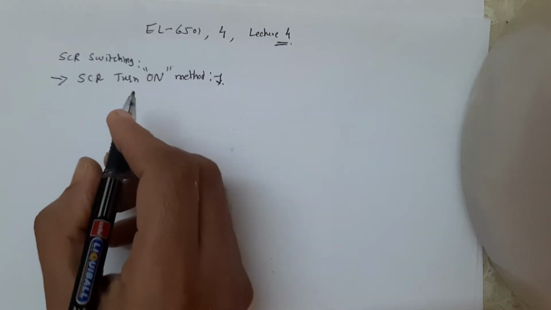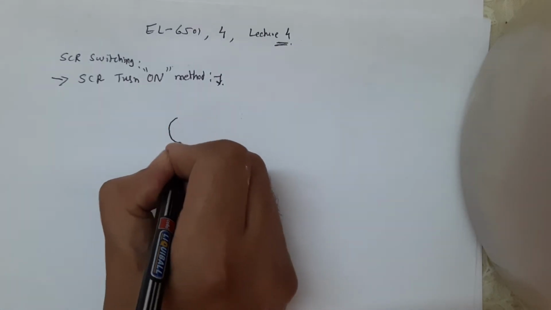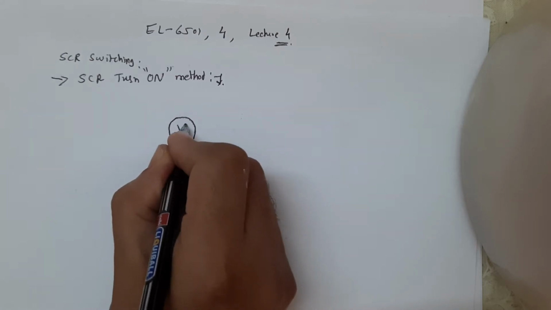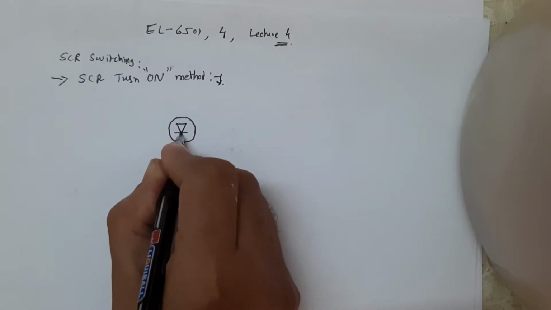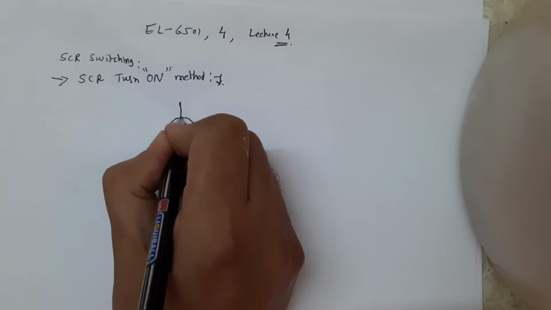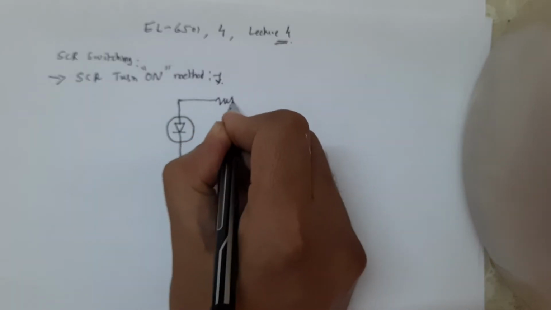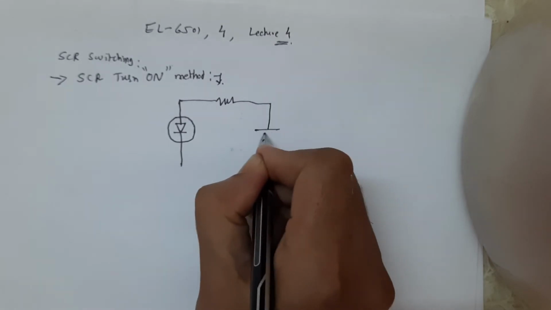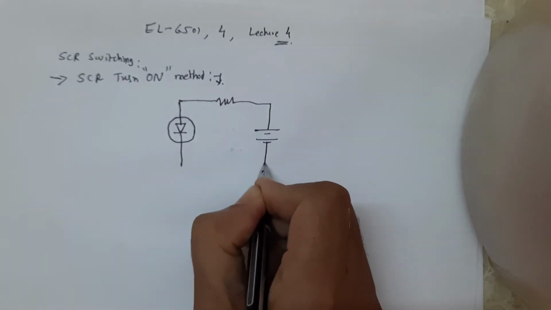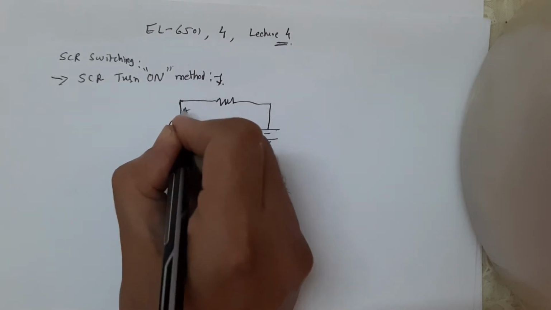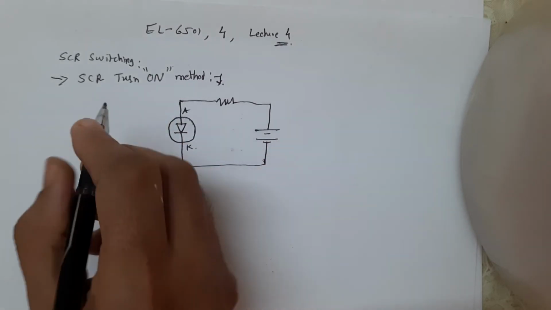Here, this is the circuit. Anode, cathode. This anode is connected to RL and then it is given to the supply voltage. This is your anode. This is your cathode.